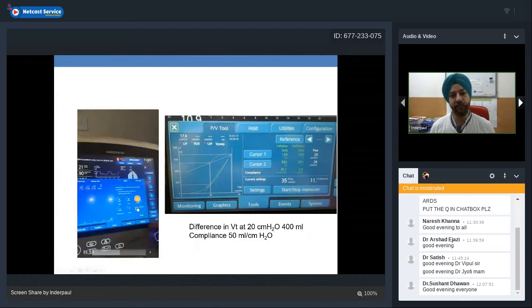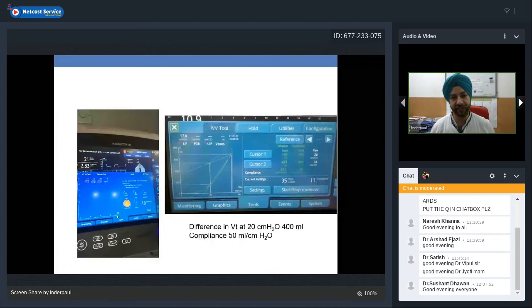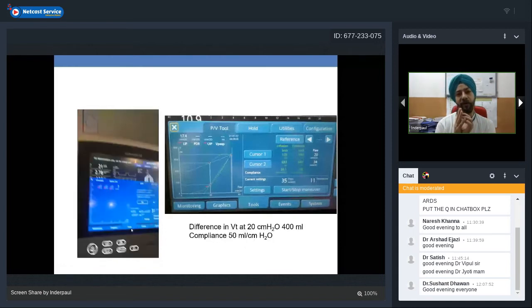But the crux is you perform a recruitment maneuver. The increase of pressure should be gradual and not very fast. You should start from low pressure, go up to high pressure, give a pause so that the entire duration of the recruitment maneuver is about 30 to 40 seconds. Don't go beyond that. Going beyond 30 seconds is going to cause more compromise.